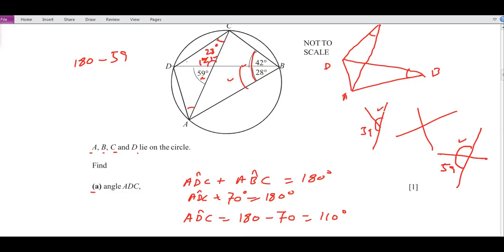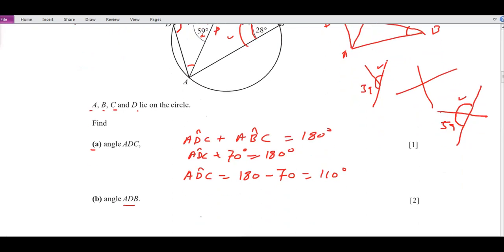Now, if this angle is 121, then find this one. Remember, we found in the previous one, this total is 110. If somehow I manage to find this one, then this one will be possible for me to find. So if you consider this triangle, you can call this point P. This is a triangle here.